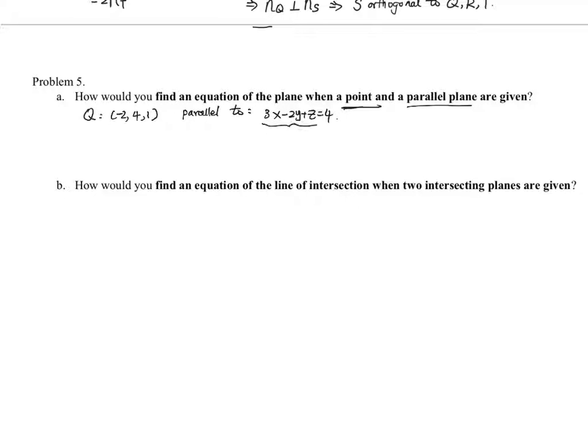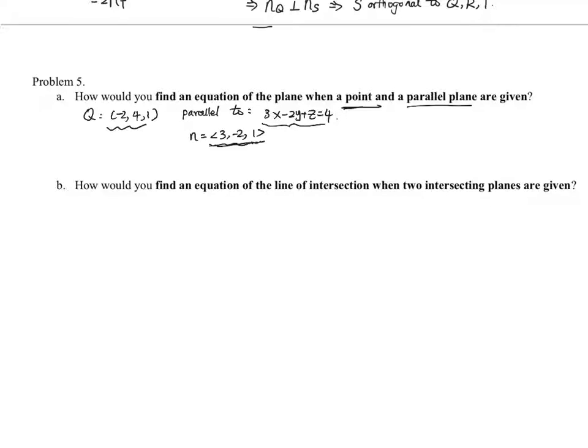From the plane equation, we see that the normal vector is 3, negative 2, and 1. We have a point, and we have a normal vector, because parallel planes have parallel normal vectors, so I can use this normal vector to find the plane equation.